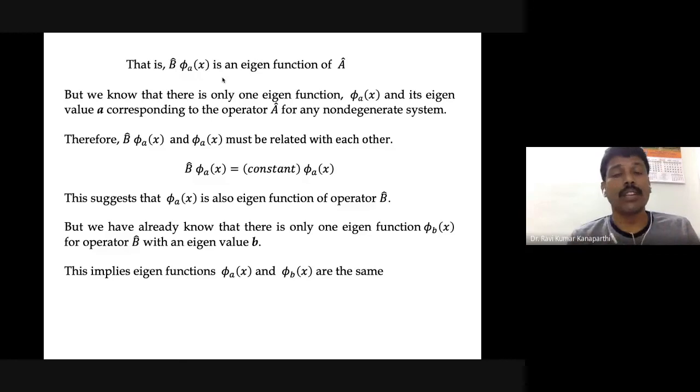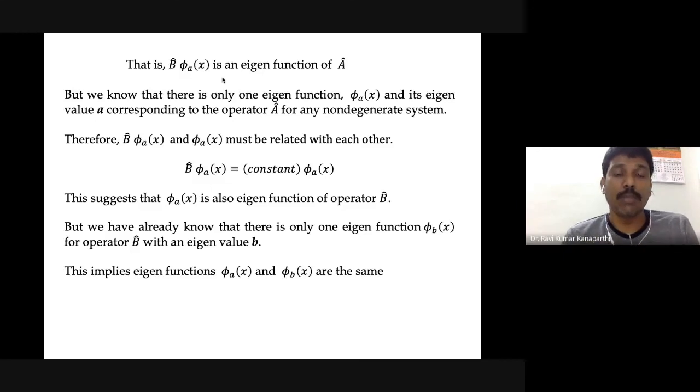And we also started with a non-degenerate system, so there is no question of having different functions for a particular state. Therefore, this is a contradiction, and this contradiction cannot be true.